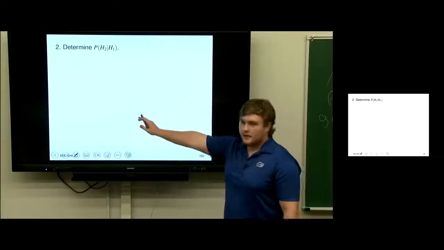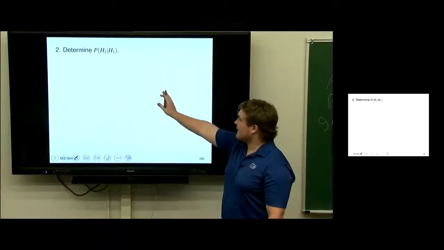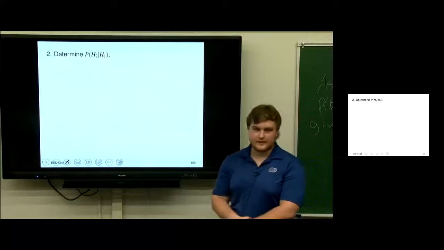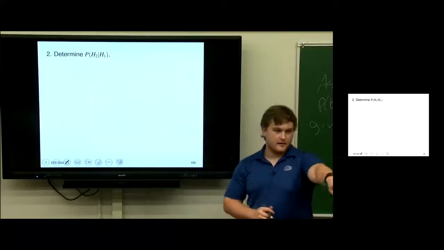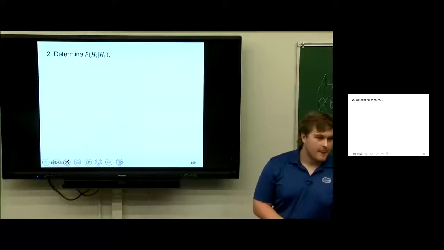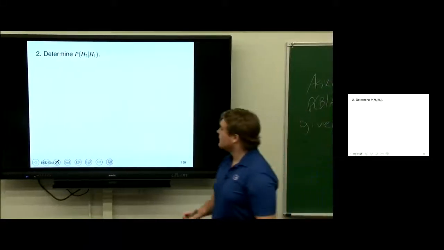All right, I'm going to determine this probability. How would we do this? What's the first step we should take? You tell me. You can solve it the same way we just did, with writing out the sample space. Yeah.